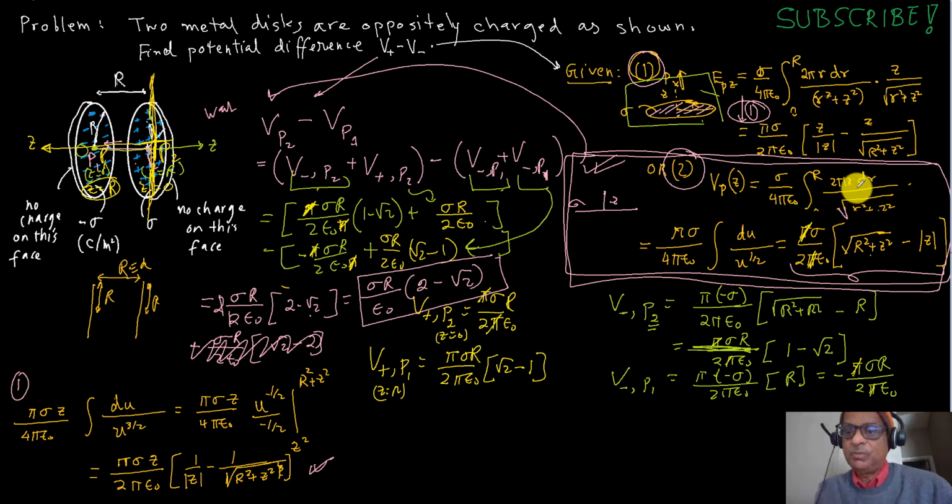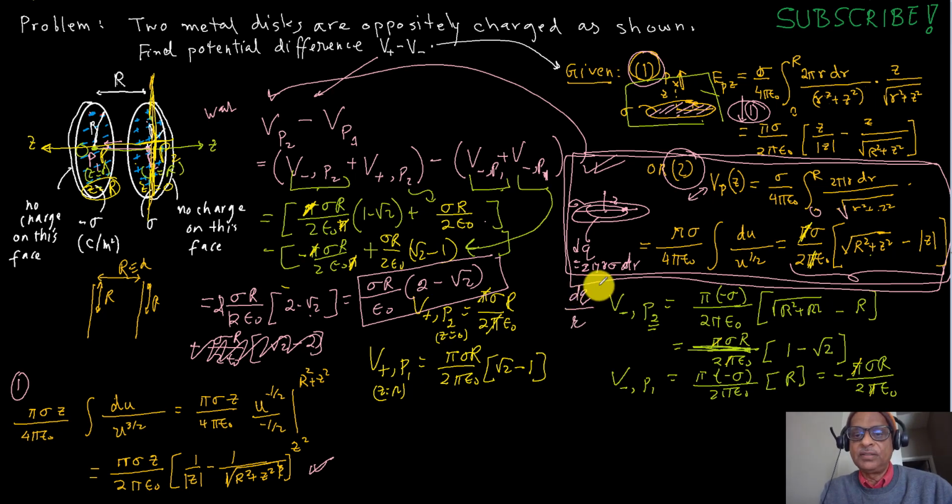So you want to know, how did I get this? This is basically using, in a disk, you can have a ring as a dq, a ring at a distance r. dq will be 2πrσ dr. So that's dq, and you have dq over the direct distance and 4πε₀.